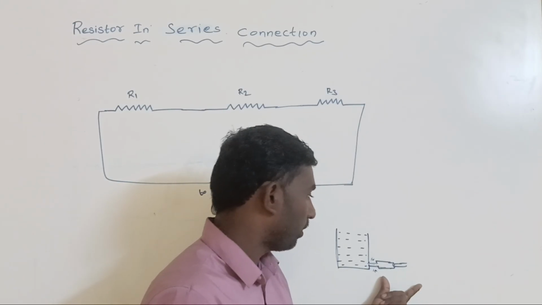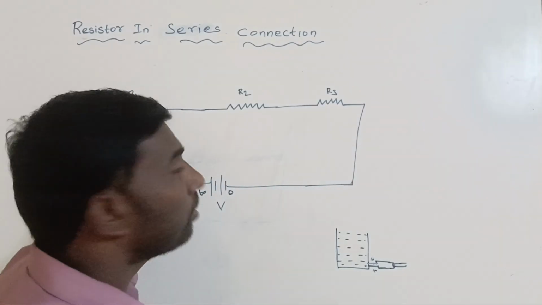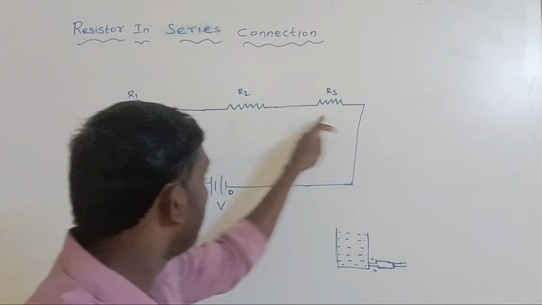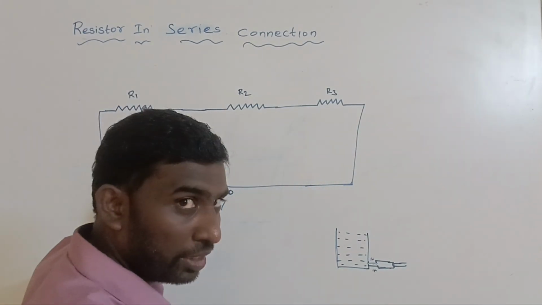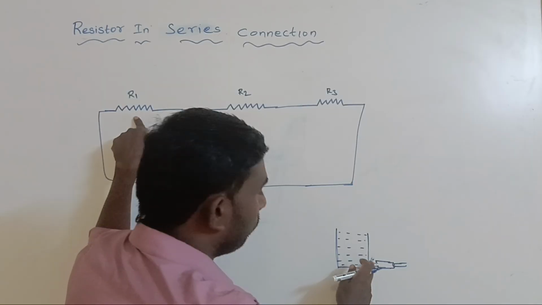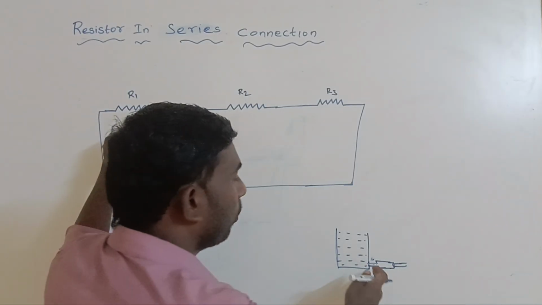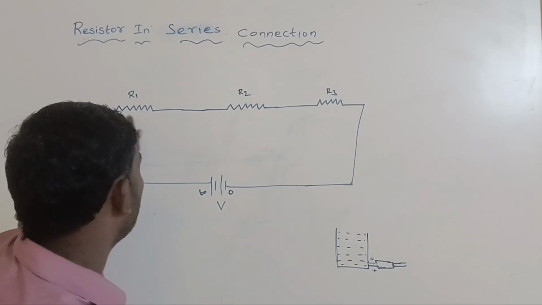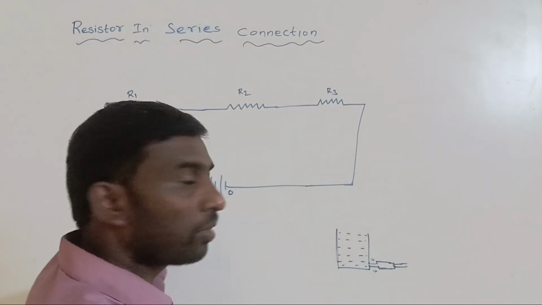In this way, whether it is 1 ohm, 2 ohm or 3 ohm resistance, first it allows 20 charges. That means 1 liter of water goes outside per second, and here also 1 liter is going, from here to here.